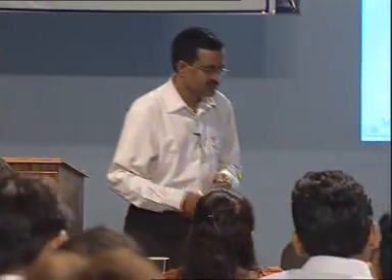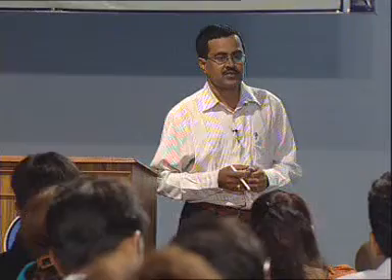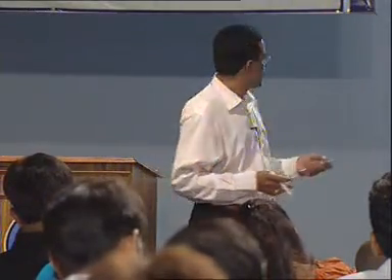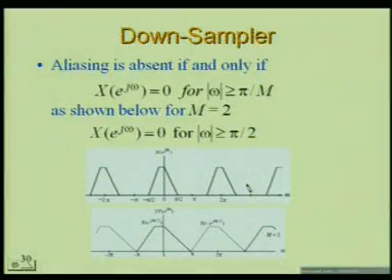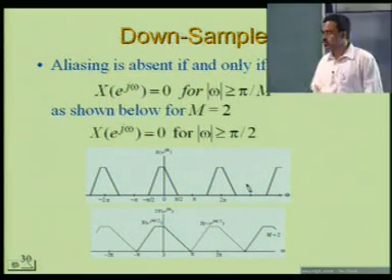Then we can see this figure. Now, you can observe this particular figure, X(e^jω), here it is X(e^(jω/2)), downsampled with a factor of 2.